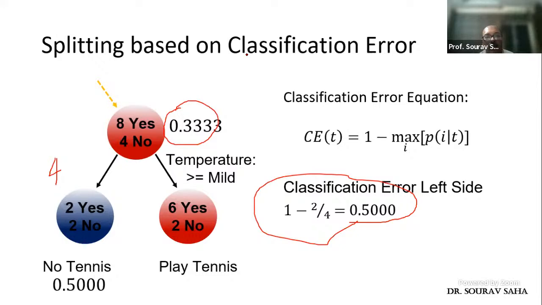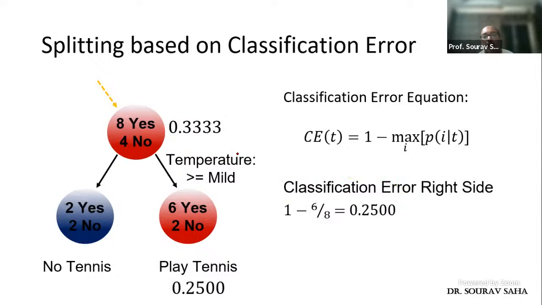So Raj, your answer was probably wrong. The impurity is 0.25, not 0.75. So on the right hand side, we have 1 minus 6 by 8, which is basically 0.25.